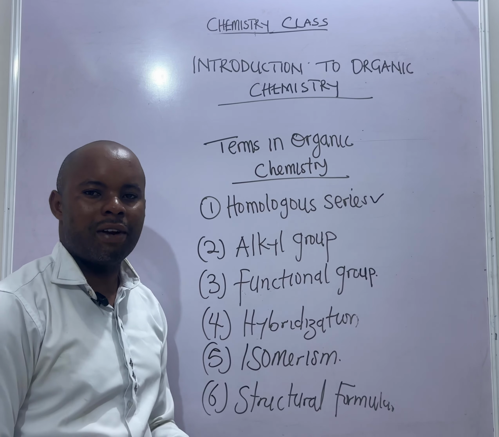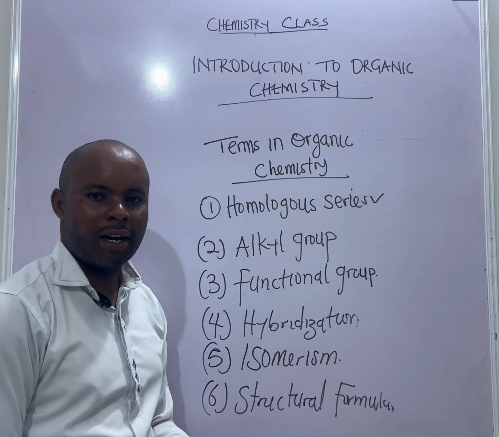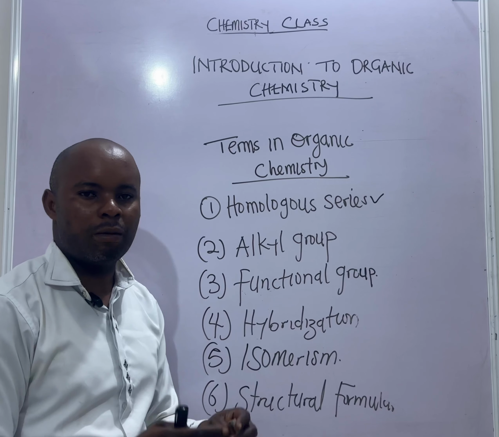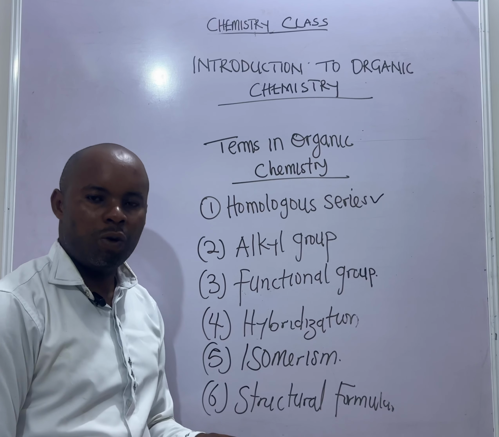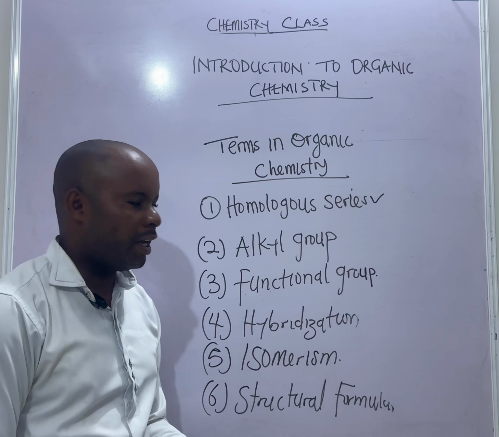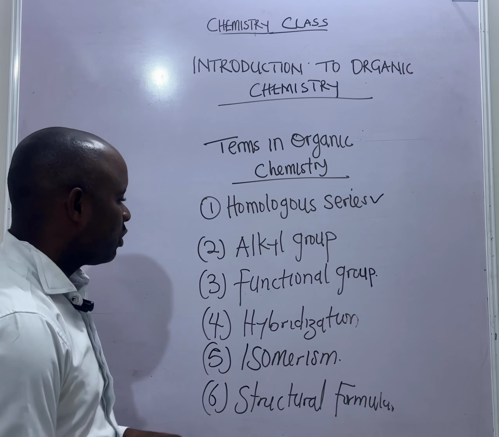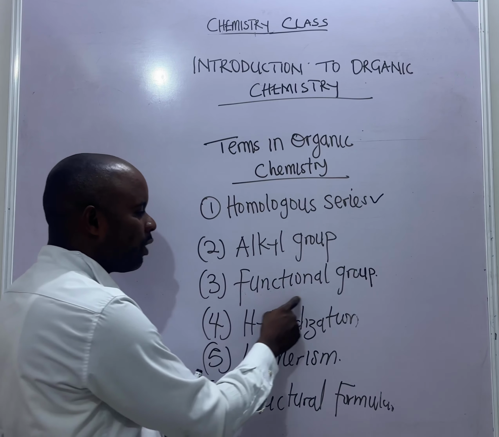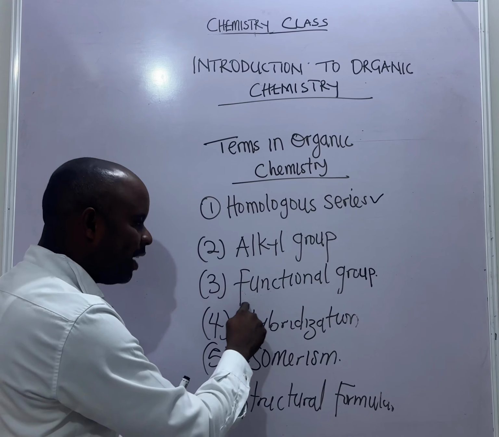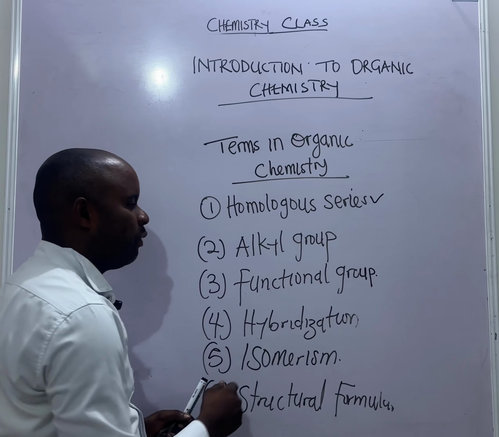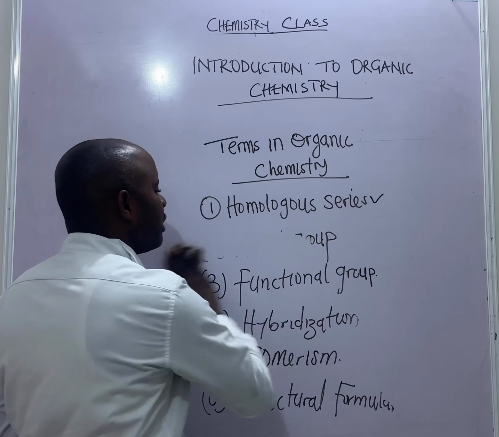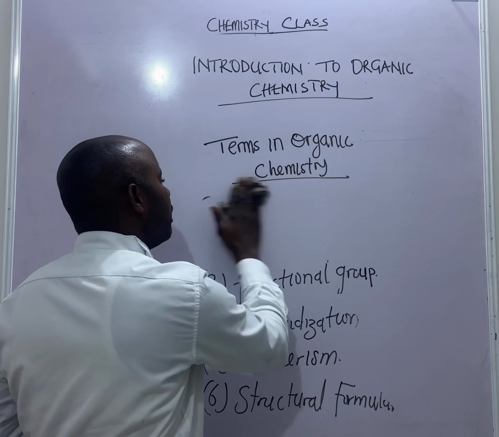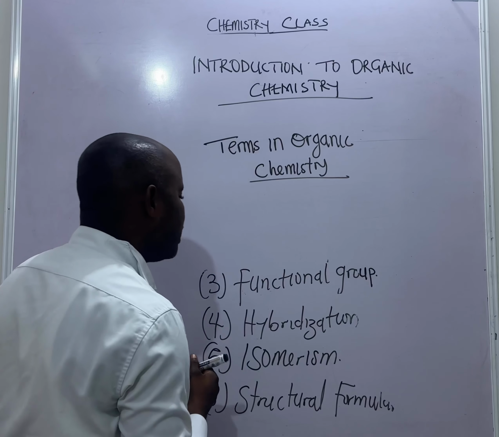If I have three or four Umokoros in my class, each time I say Umokoros should stand up, they know that I'm calling on them for a specific task. So these functional groups tell us, just like a family name, the family of each of these organic compounds.